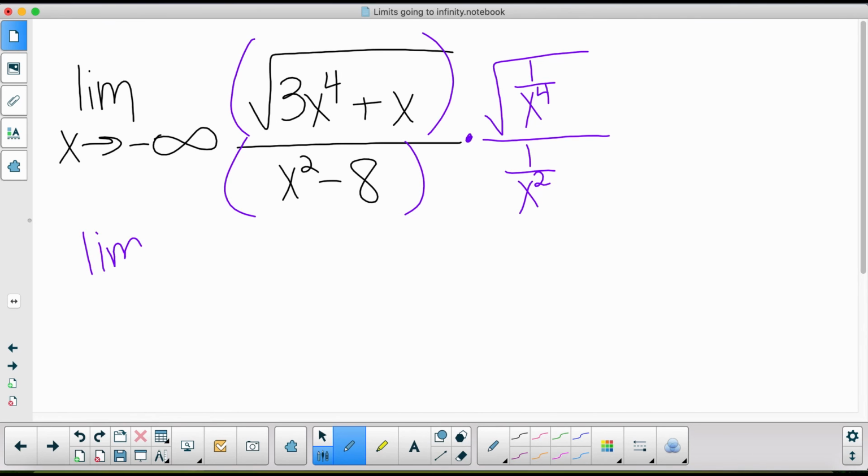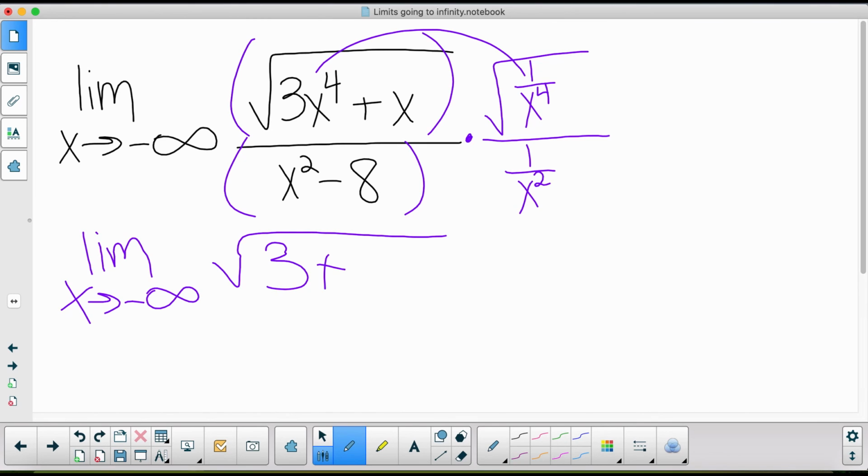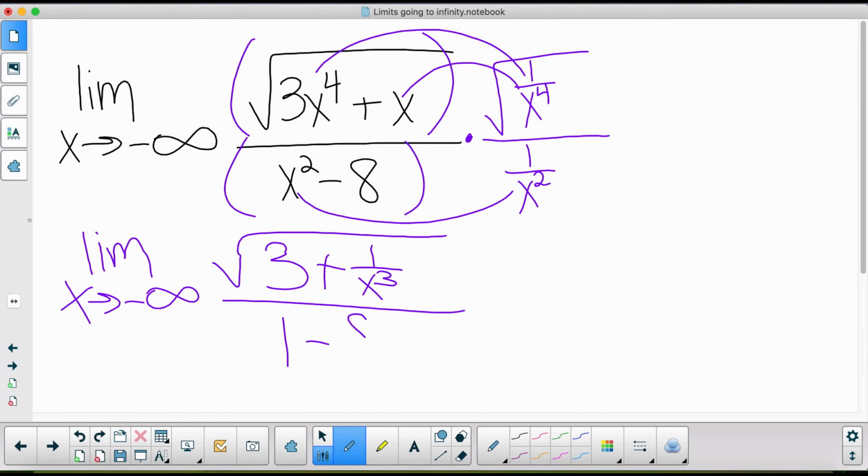We have the limit as x goes to negative infinity. We'll multiply inside the square root, so you've got the square root of 3x to the 4th times 1 over x to the 4th, which gives us 3. Plus, now this guy you're going to have 1 over x cubed, because one of the exponents drops with the x you're multiplying by. Now in the denominator, our x squared drop to make a 1, minus 8 over x squared.